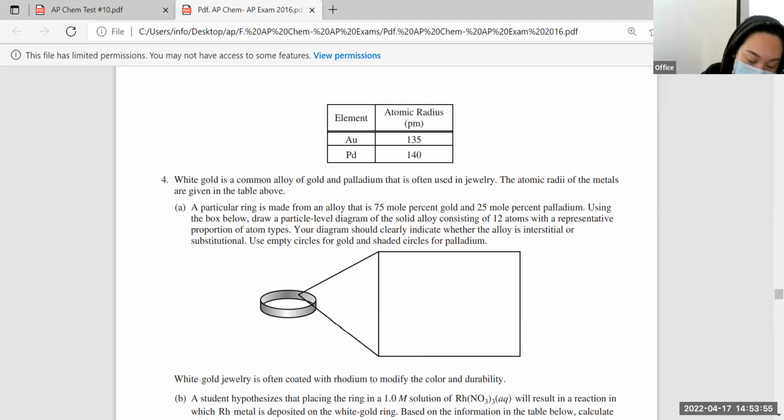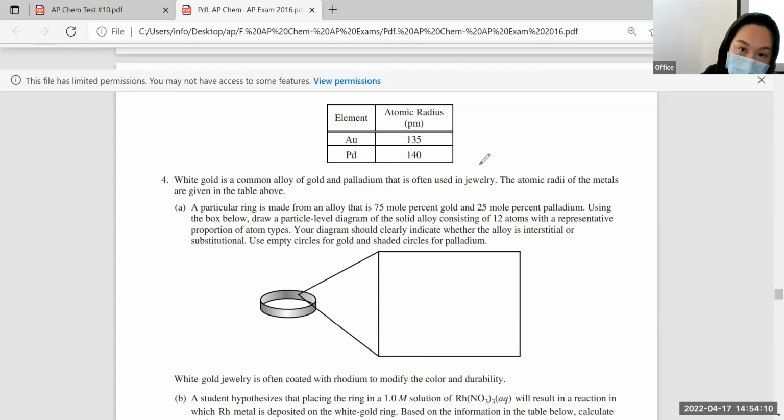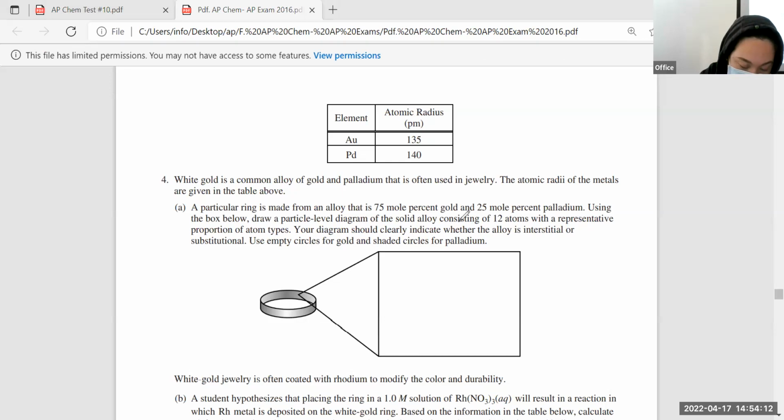75 mole percent gold, 25 mole percent palladium. So what is that? 12, 25, 1 out of 4, 12, 3. 3 palladium. And then the rest should be gold.